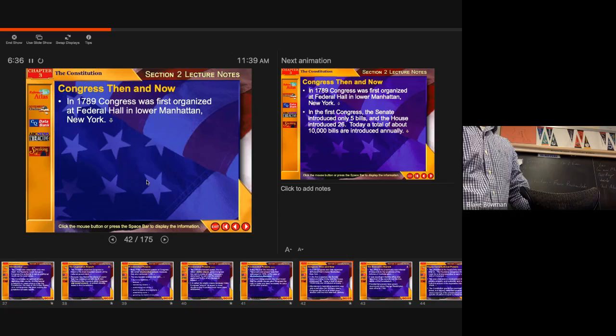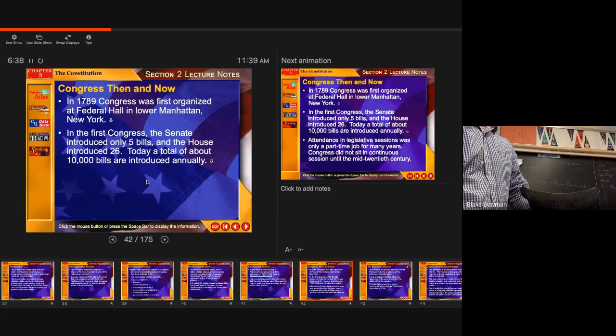All right. The last thing here, at the time when they were creating the Constitution, obviously there weren't that many bills presented to the Congress, but now there's 10,000 bills that are introduced every single year.